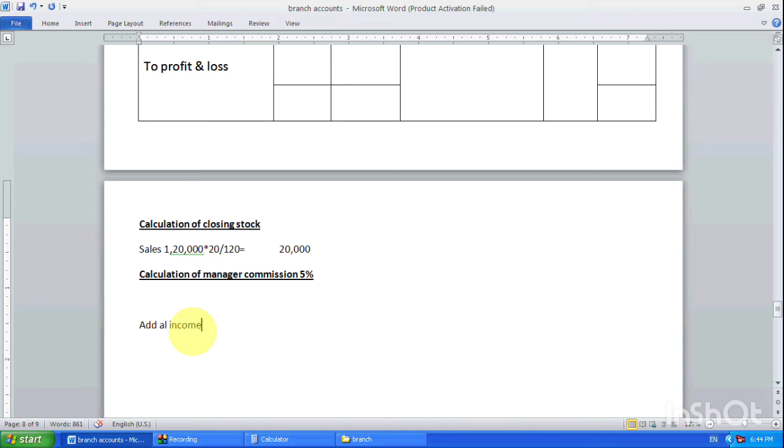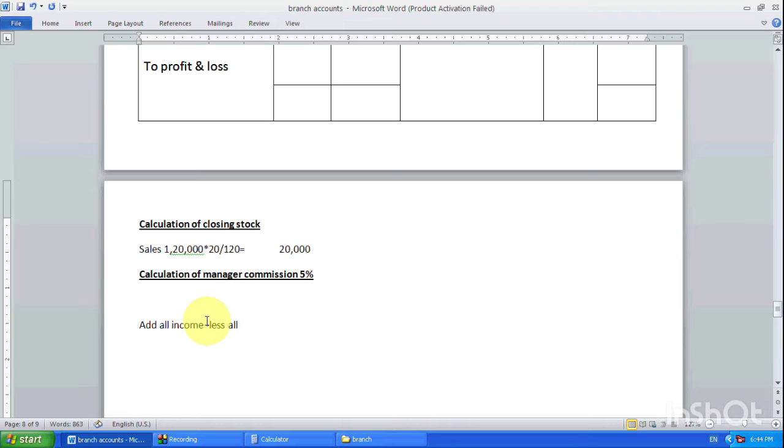Add all income minus all expenses, less all debit amount.